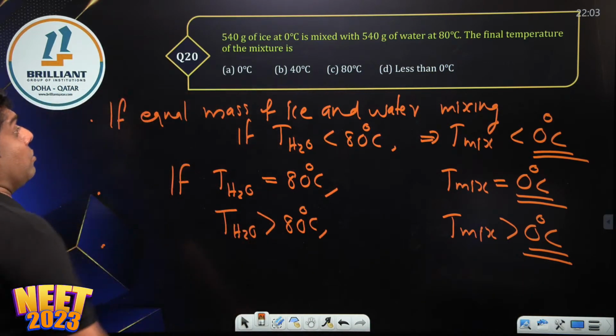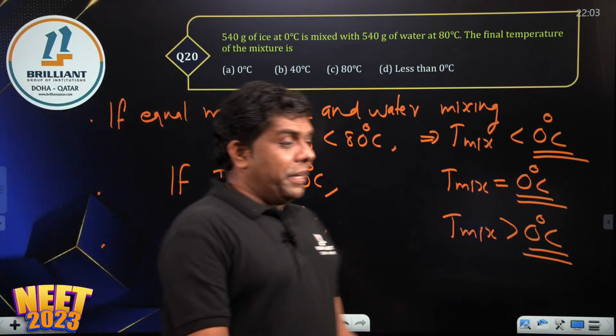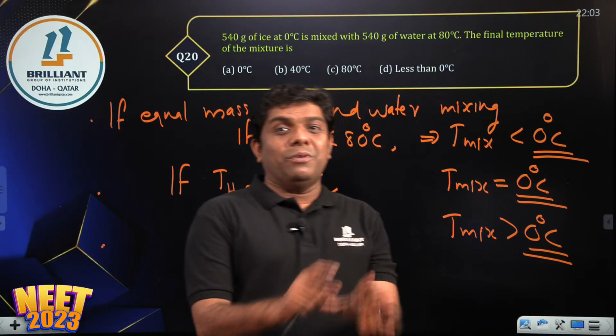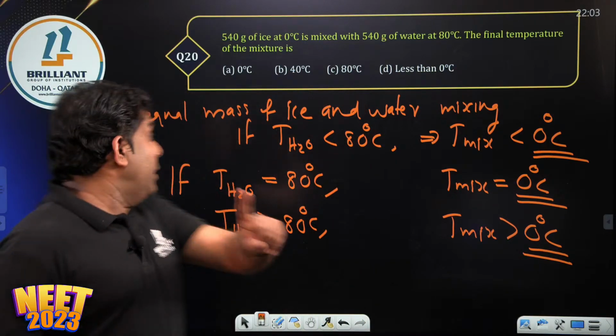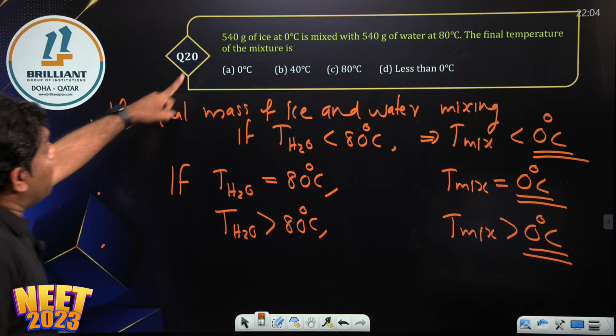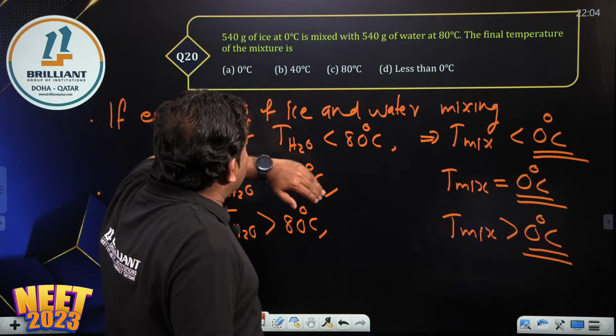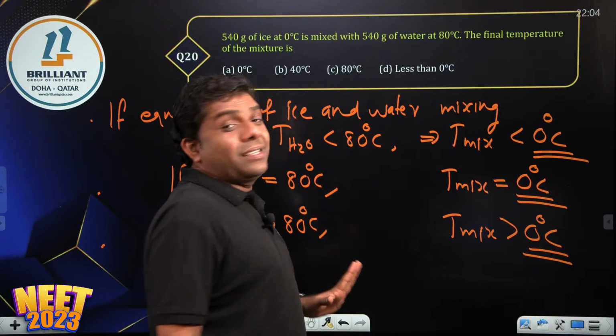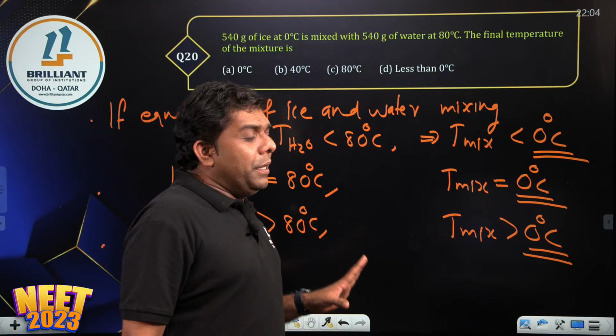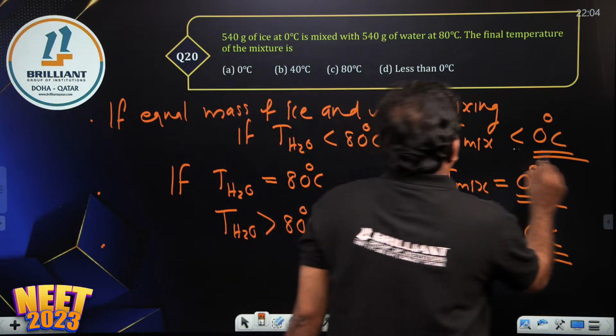Shortcut, please see. I am repeating the last point once more: if equal masses of ice and water are mixing and the temperature of water is less than 80 degrees Celsius, then the temperature of the mixture will be less than 0 degree.